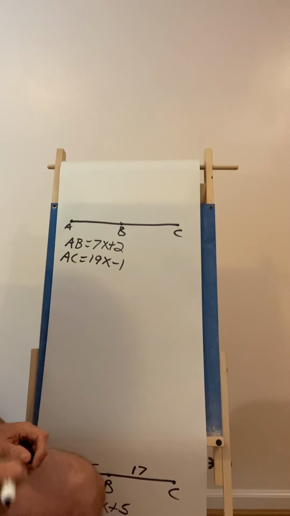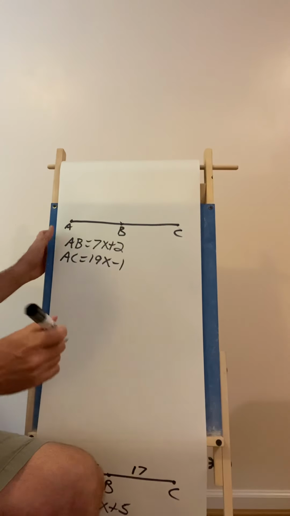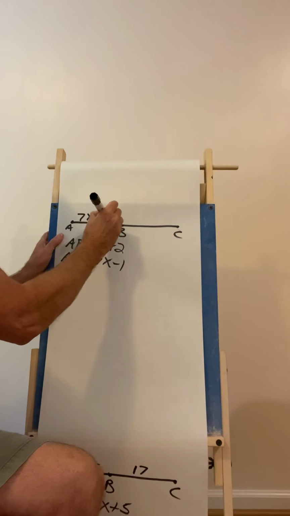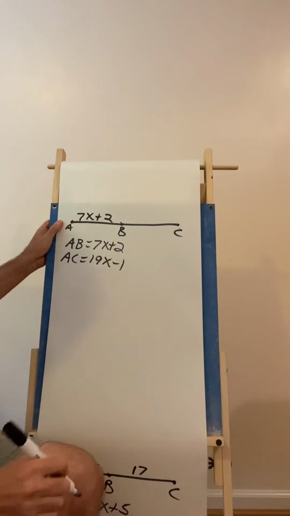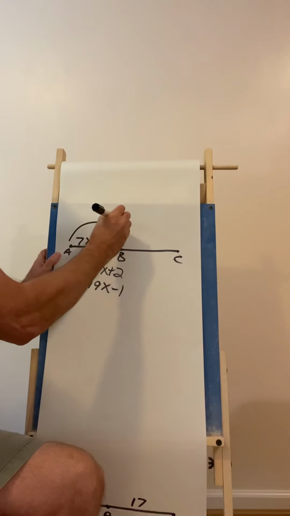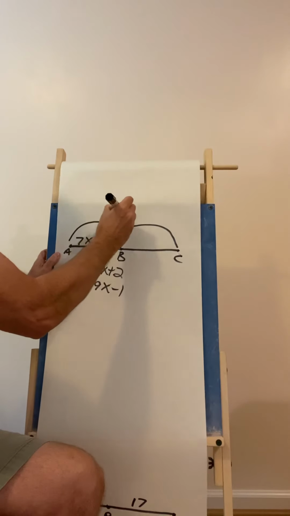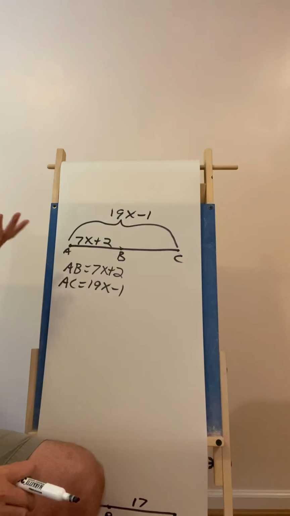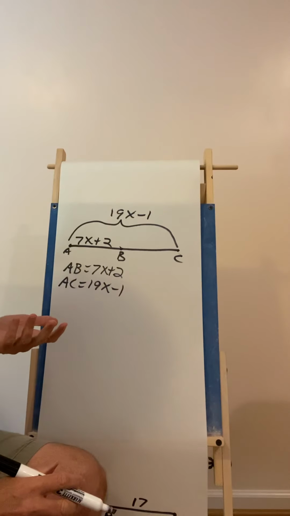Now, what some people do, without even looking at the problem or figuring out what to do, is just start setting things equal and solving, and you're not going to get very far if you do that. But if you label the diagram, if I put the AB right there, the 7x plus 2, and then the AC is the entire line segment from here to there, that's 19x minus 1.